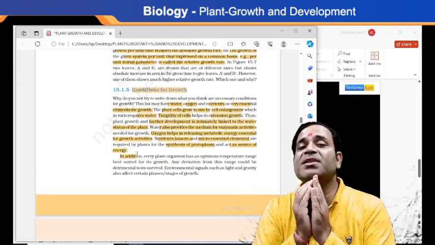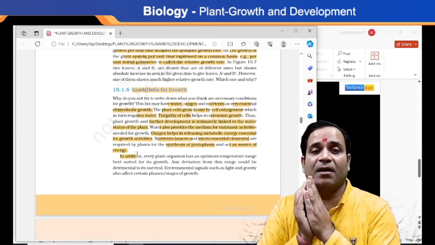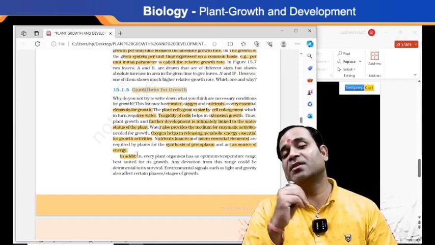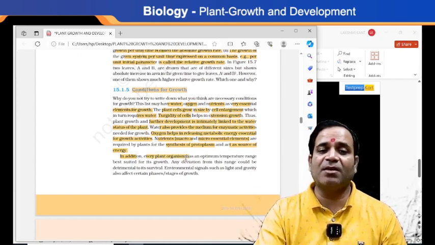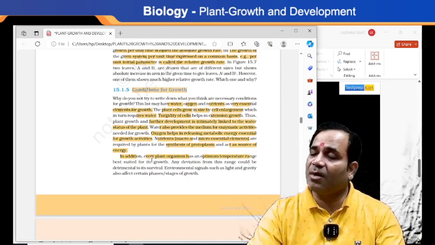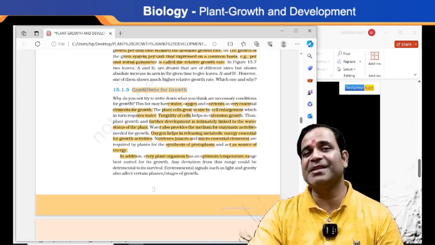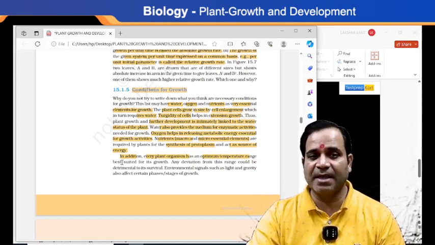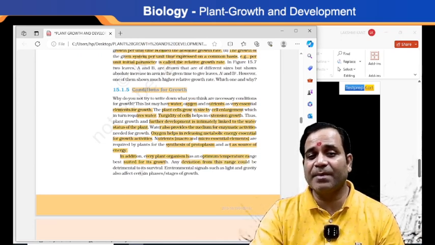The plants need energy for growth as well as for photosynthesis. We all know that every plant organism requires an optimum temperature range, that very suitable temperature that is essential for photosynthesis and suited for its growth. Any deviation from the range could be detrimental.